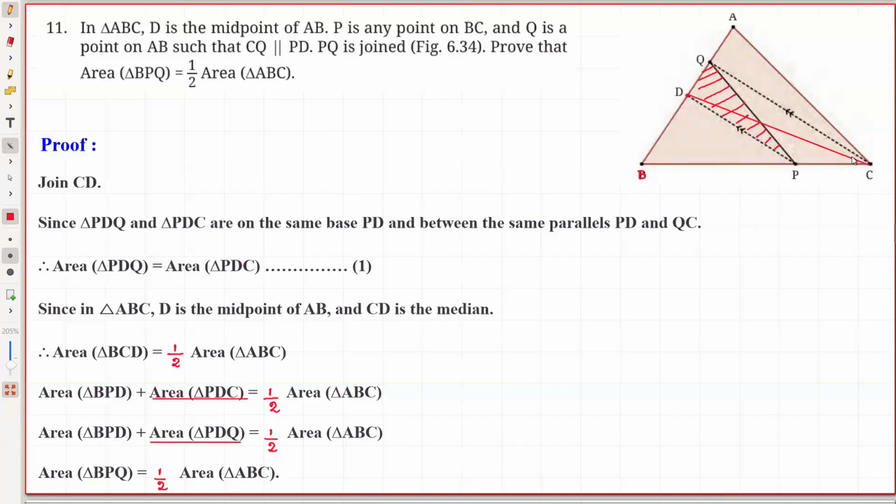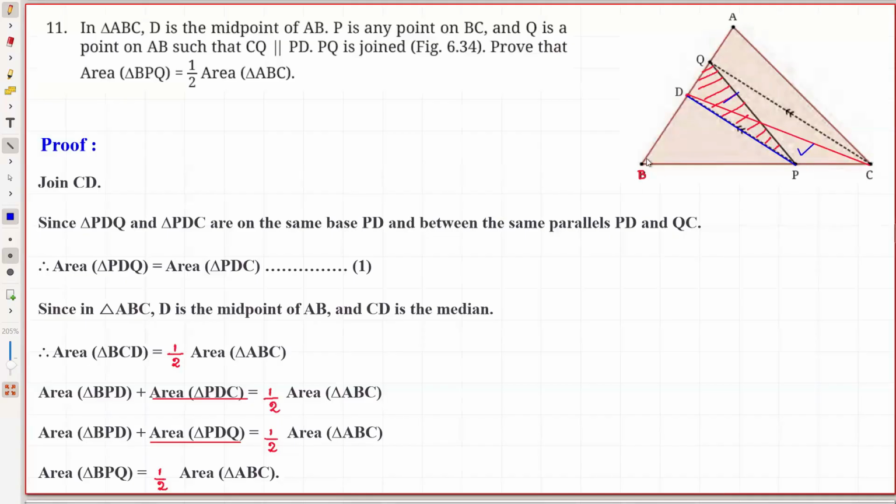Then BD is the same base for this triangle and this triangle. If two triangles have the same base, the areas are equal. So this triangle BDC area is equal to this triangle area.